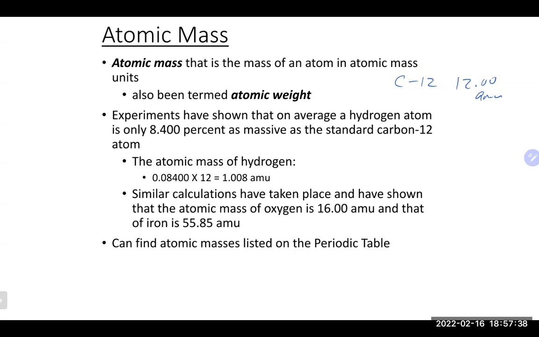And they could do a very simple calculation. That is 8.4% converted into a decimal, right? Divide by 100, move the decimal place 2 places to the left, times it by 12, gives you roughly a number of 1.008 AMU. If you look on the periodic table underneath hydrogen, that is the number that you will see there, 1.008.